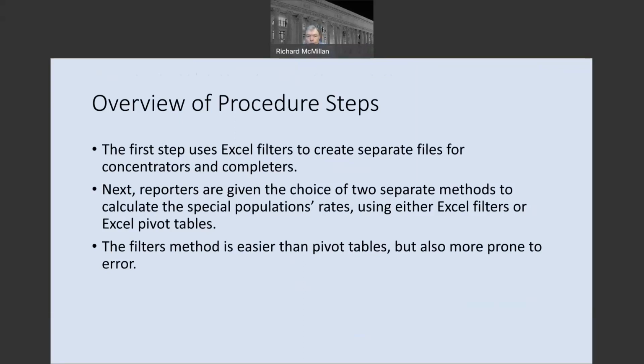Next, reporters are given the choice of 2 separate methods to calculate the special populations rates, using either Excel filters or Excel pivot tables. The filters method is easier than pivot tables, but also more prone to error.